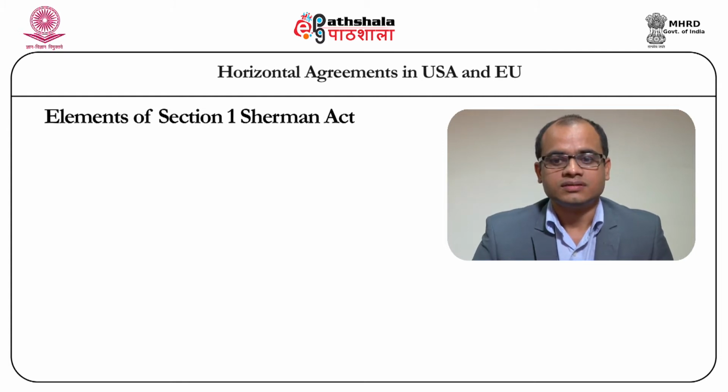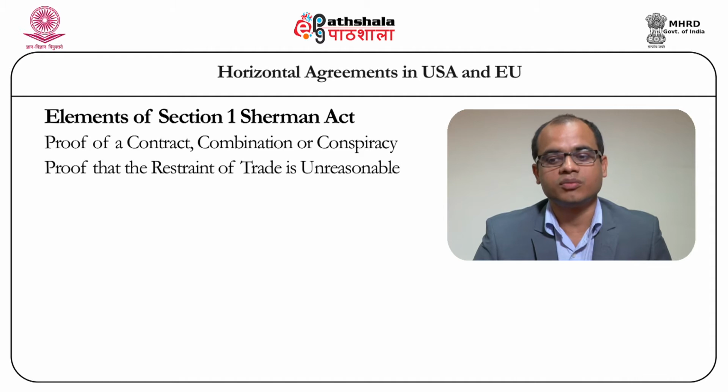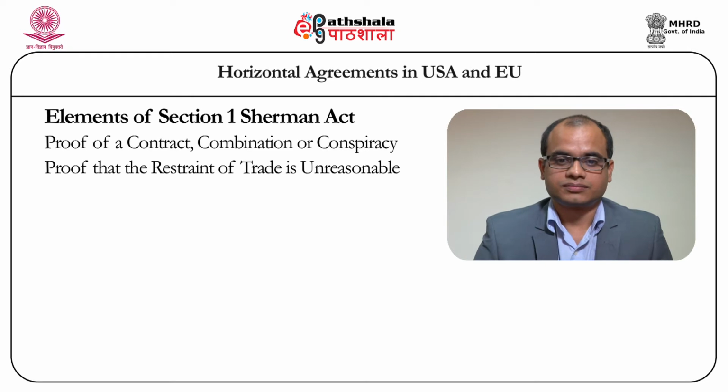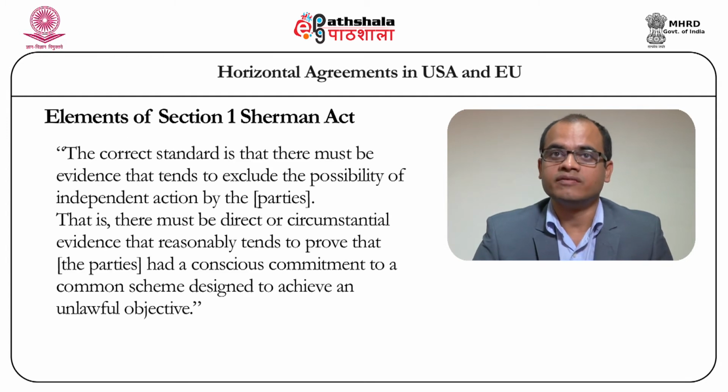First, there must be an agreement or conspiracy between at least two parties. The next is analyzing the competitive impact of the restraint, the specific business practice in question. And there must be direct or circumstantial evidence. The correct standard is that there must be evidence that tends to exclude the possibility of independent action by the parties.